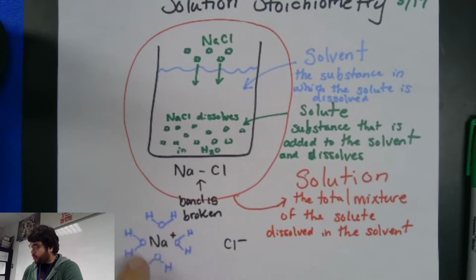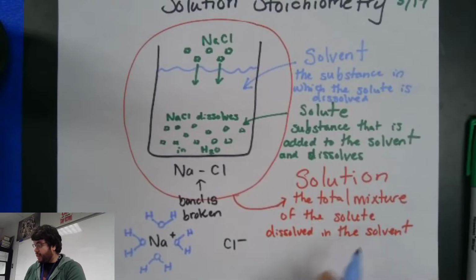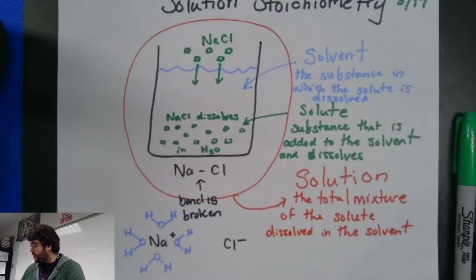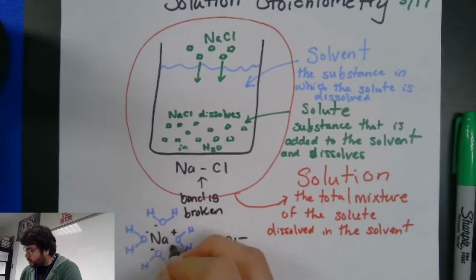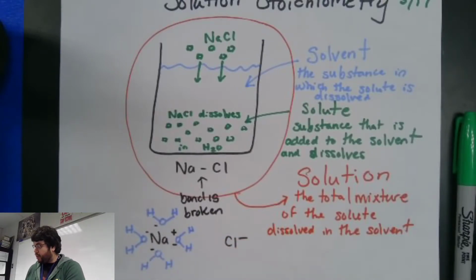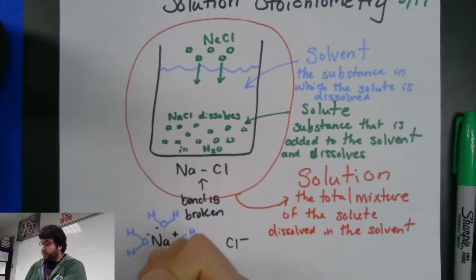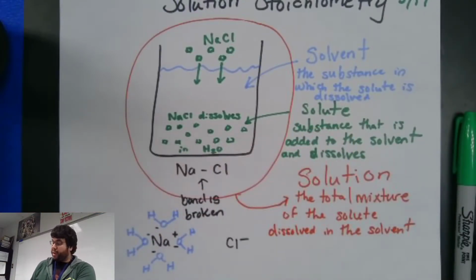The water molecules, you may remember the water is a polar compound, and we have a negative side and a positive side to that bent structure. Remember that the water molecule has sort of a negative charge to the oxygen side, and the way that water is going to pull that ionic bond apart is, because it's got that negative charge to the oxygen, it is going to pull on the sodium side of sodium chloride. Sodium has that plus charge, and so they're attracted to one another. And so the sodium is going to get pulled away from the chloride.